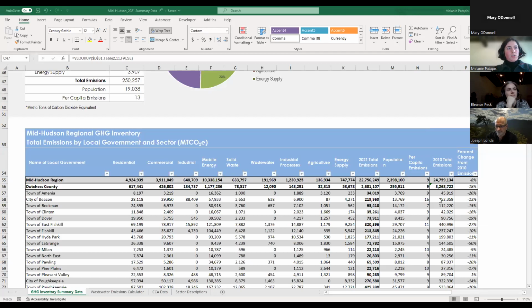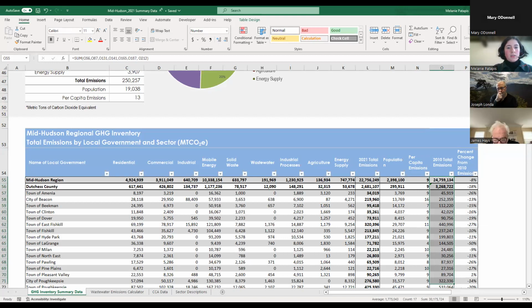So your 2010 total emissions are located here in this column, and then we also calculated the percent change from 2010. So you can see and compare from 2010 to 2021 what the percent change has been. That's good news. Yes, definitely.